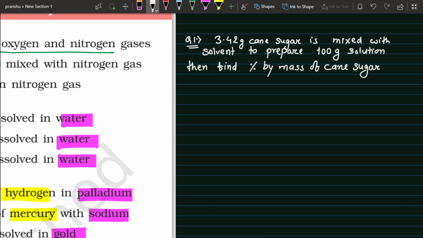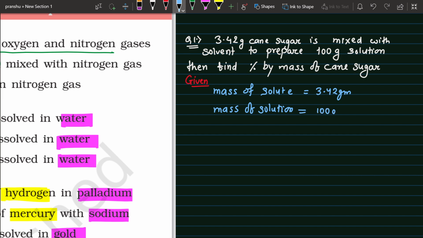In such a question, what is the given data? Mass of solute is equal to 3.42 gram and mass of solution is equal to 100 gram.